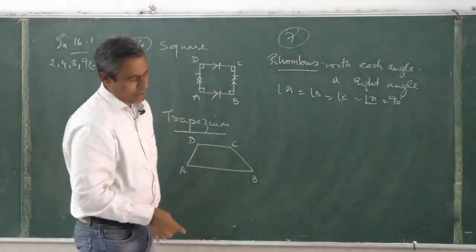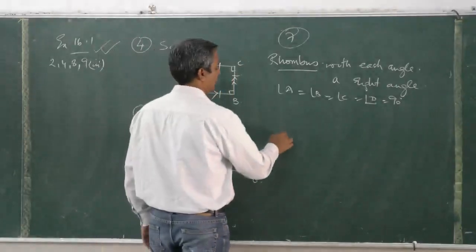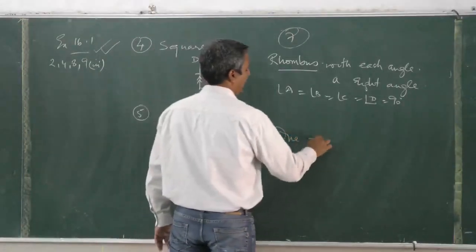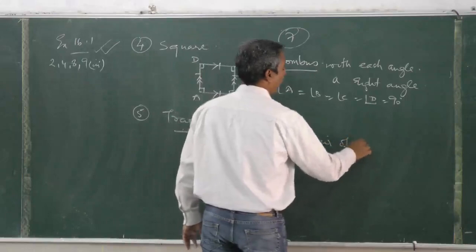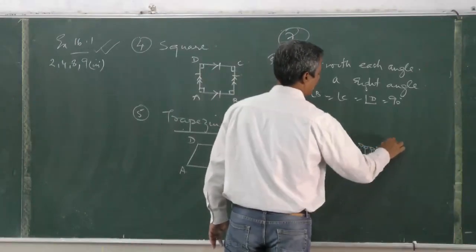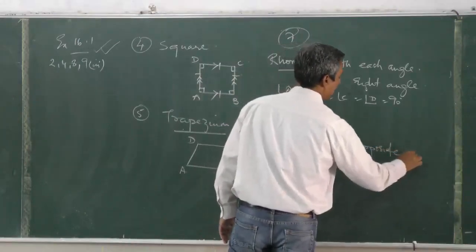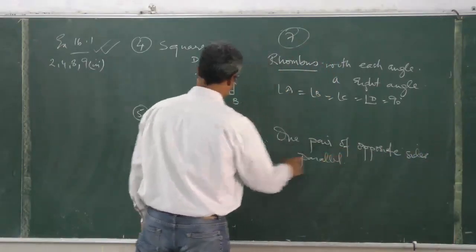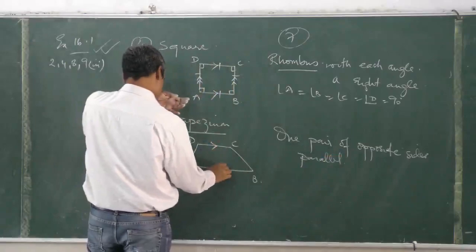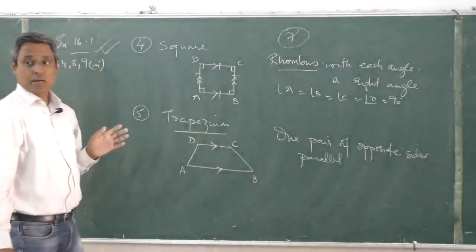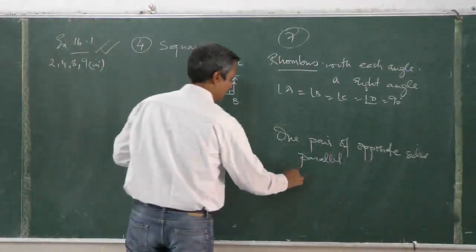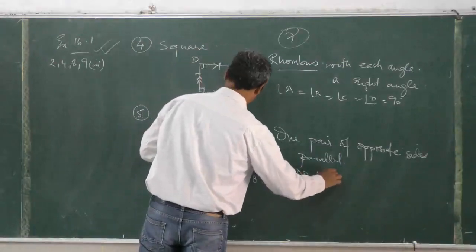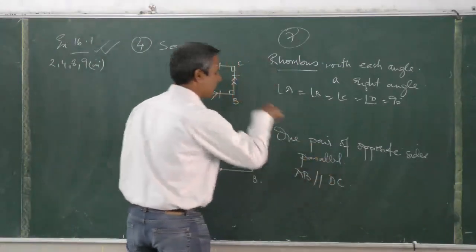A trapezium has the basic definition of one pair of opposite sides parallel. One pair of opposite sides are parallel. That's all. That is the only property for a trapezium we remember.